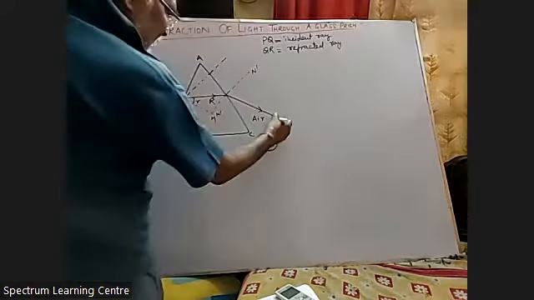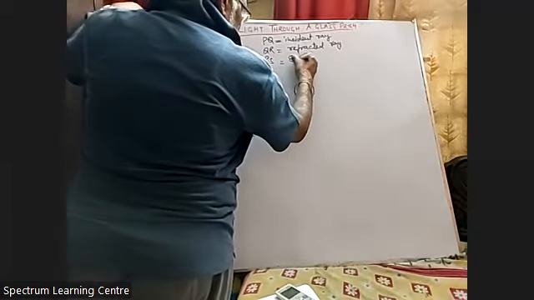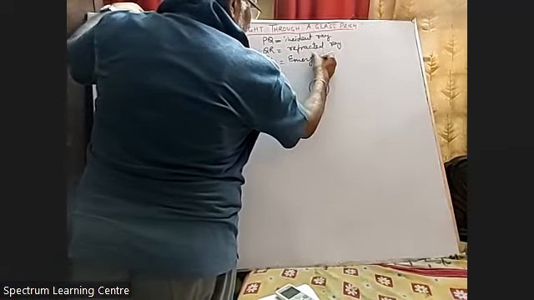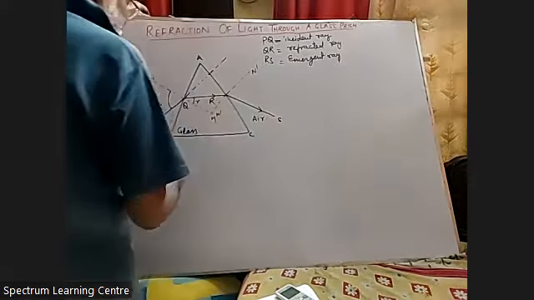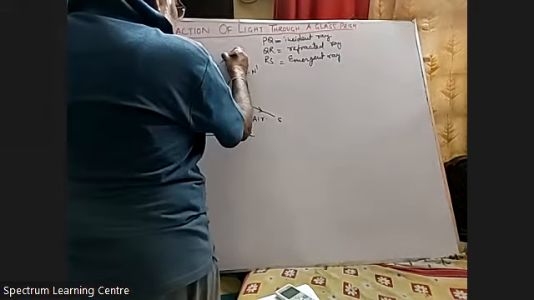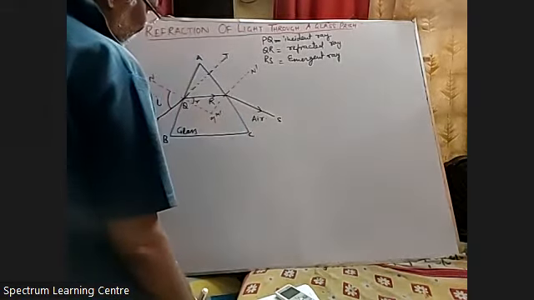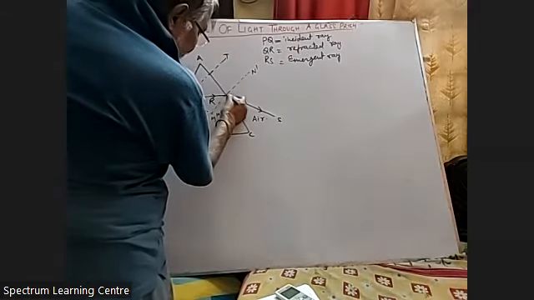And say this is S. RS is the emergent ray. Right? Now this is the original path, say PQT. And this is the final path. Am I right?